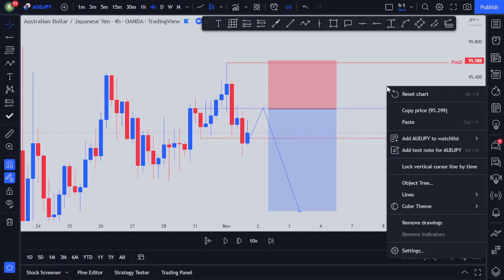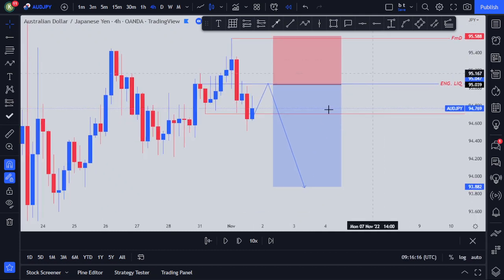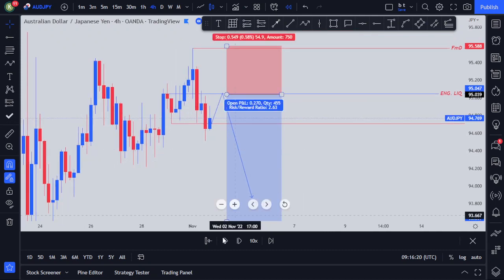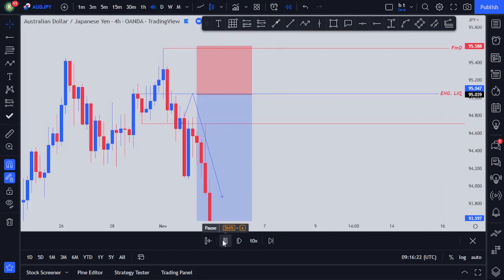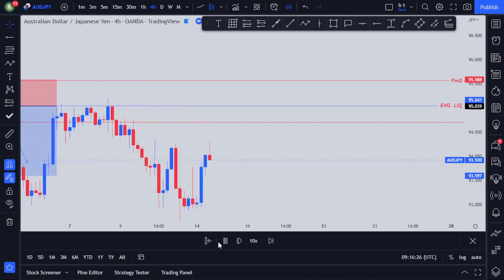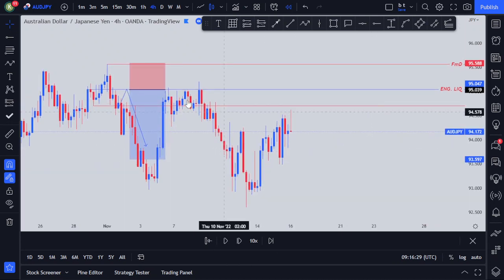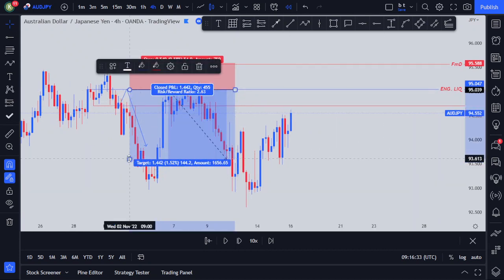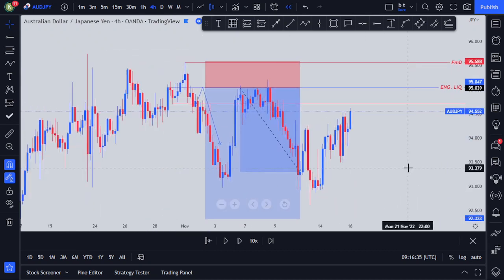All right. So now let's play the market and see how it goes. So it got triggered, and then it came back running profit.